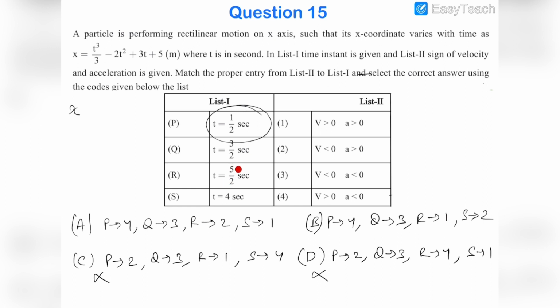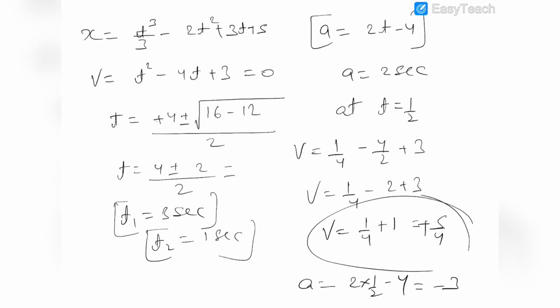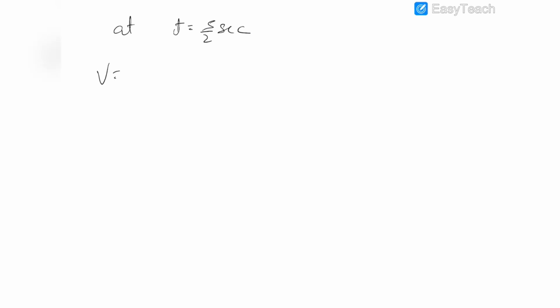Option R says 5 by 2 seconds. So you can see that v at t is equal to 5 by 2 seconds, v is equal to 25 by 4 minus 4 into 5 by 2, plus 3.